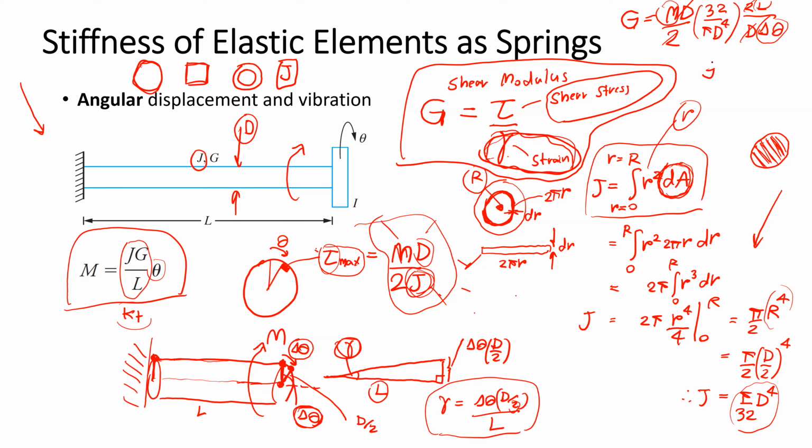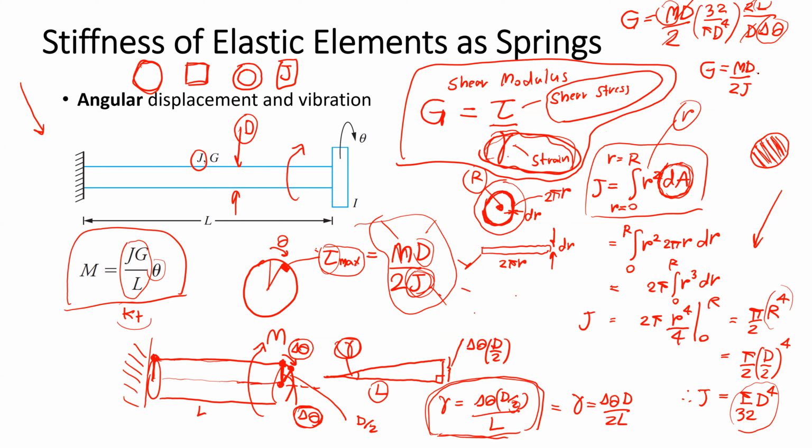G is equal to tau. Tau is MD per 2J, right? And the strain is equal to delta theta D per 2L.